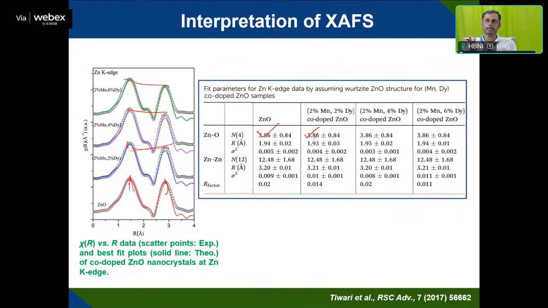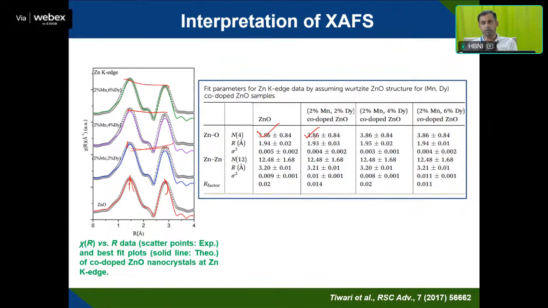From XANES and EXAFS you are able to find out the oxidation state as well as coordination number, near neighbor atom, symmetry, and bond distance. All those parameters you can find out using X-ray absorption spectroscopy.